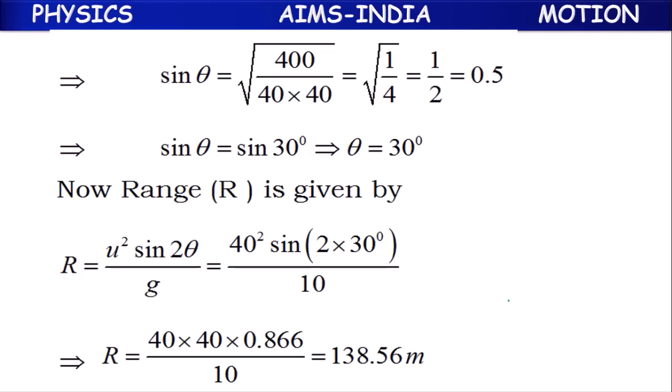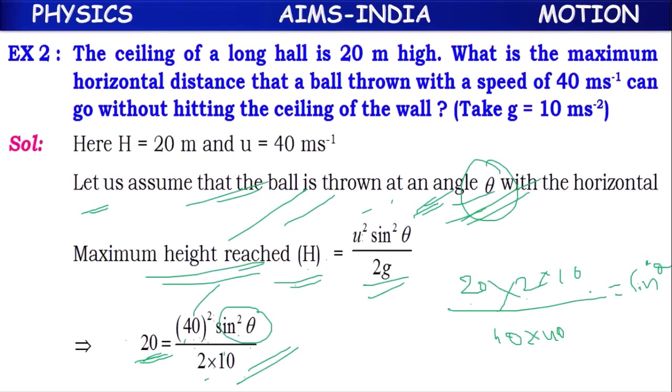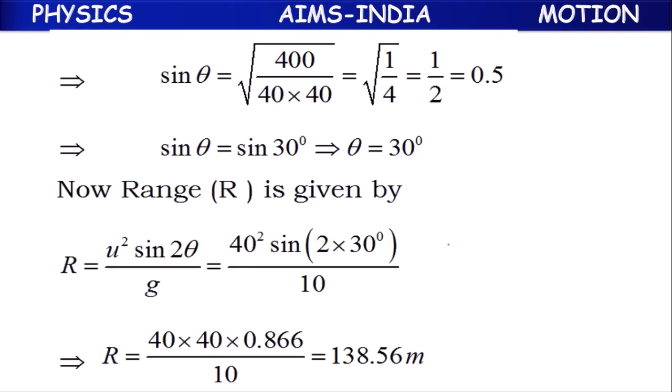So sin square theta equal to 400 by 40 into 40, whereas sin theta equals, if the square goes this side, the square root of 400 by 40 into 40.